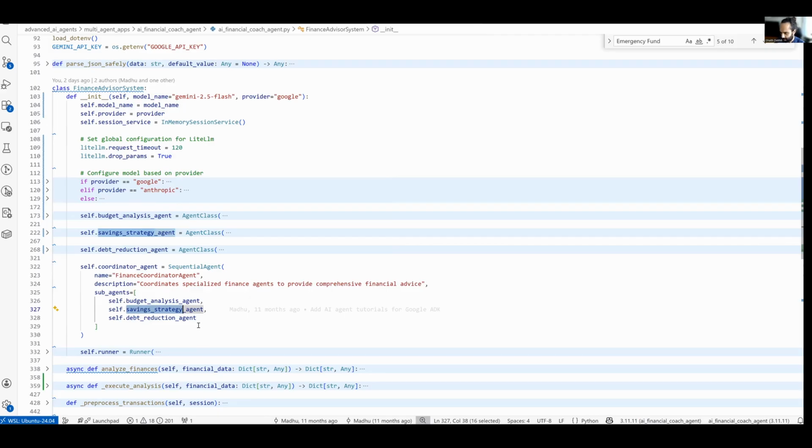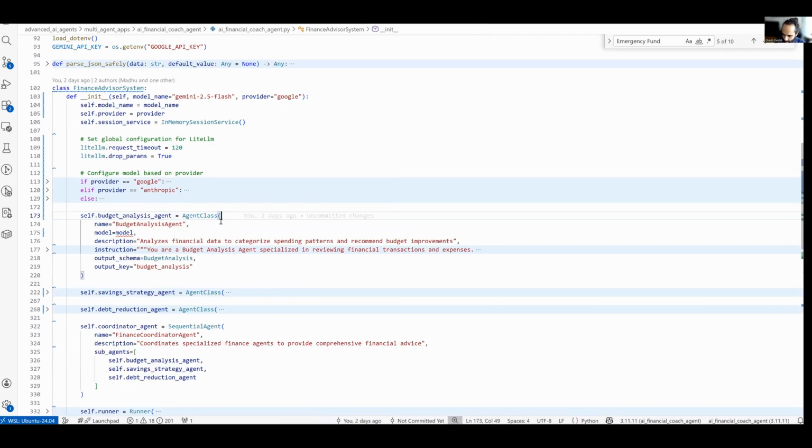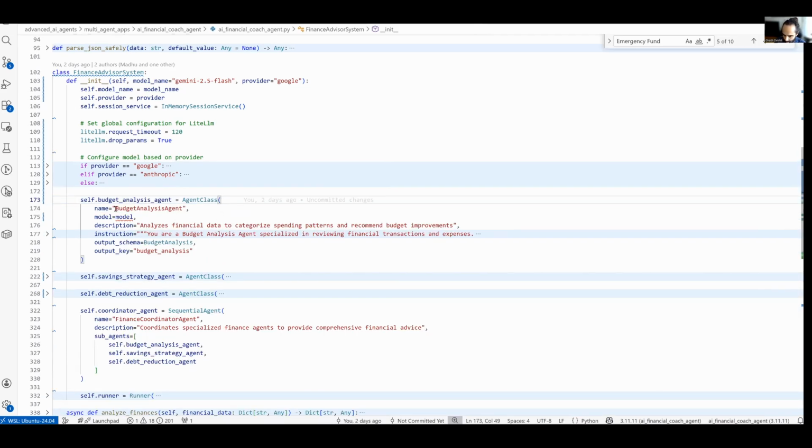This state is actually a dictionary where each agent writes in a separate key the output, or the outputs if we have many, of its operations, so that the following agent will have the needed context. If we check our first agent, it has a name. The model is the one that we choose in the application.